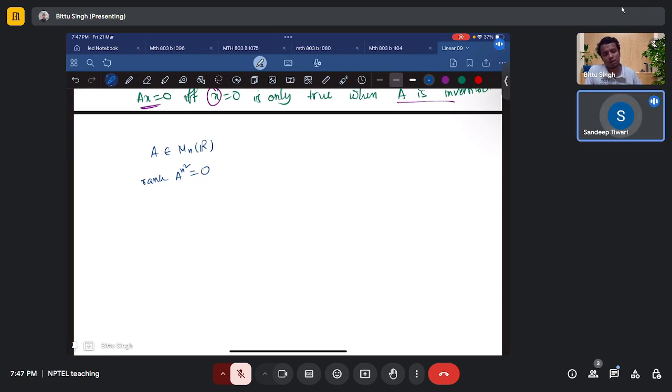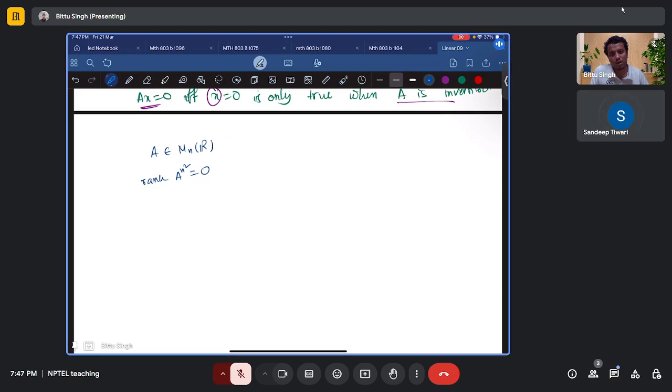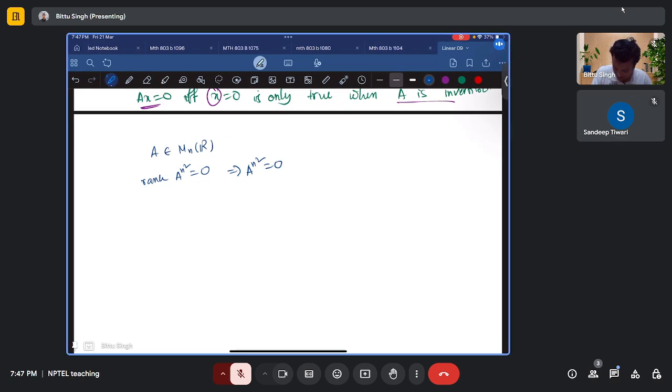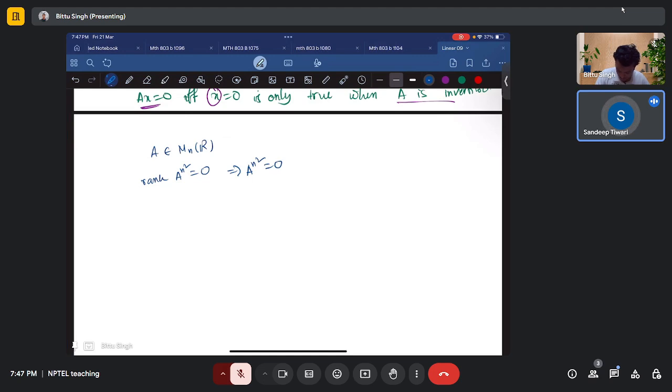Then what is the question? Which of the following is equivalent to saying that A has n linearly independent eigenvectors?